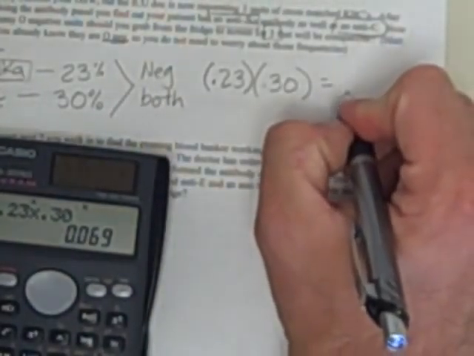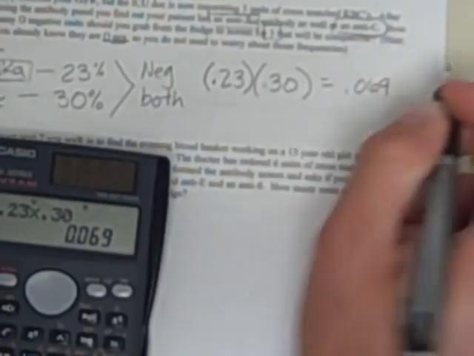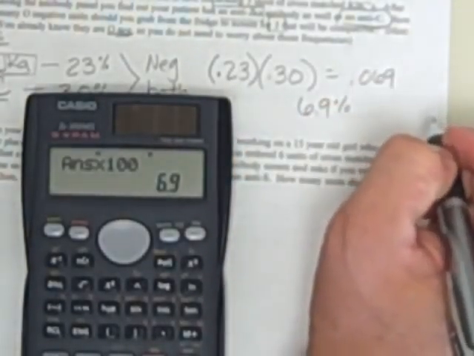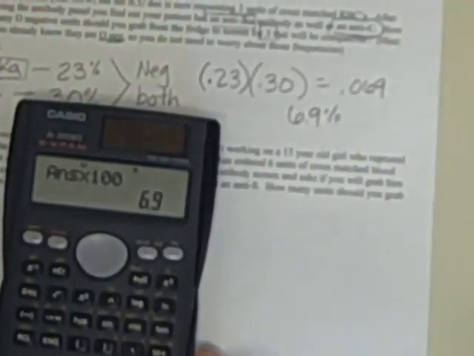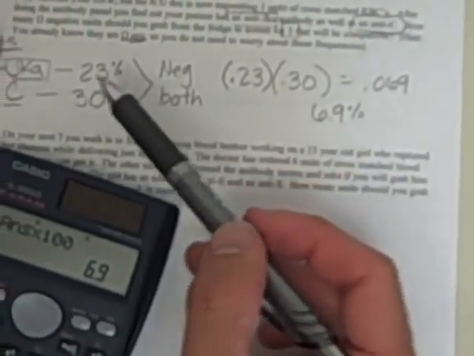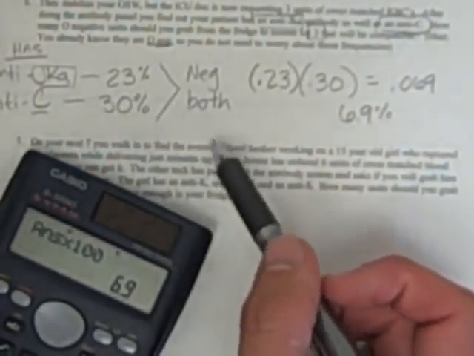So I determine that 0.069, or if I want to turn that back into percent, times 100, tells me that 6.9% of my entire population is going to be compatible with someone who has an anti-JKA and an anti-big C antibody.